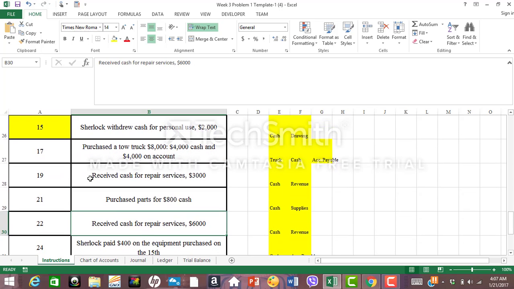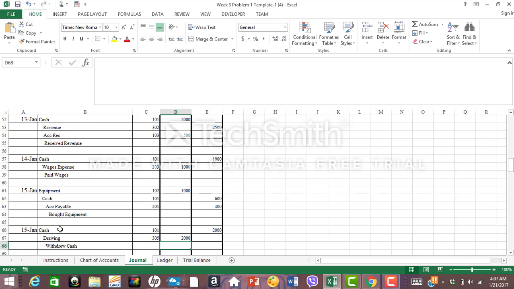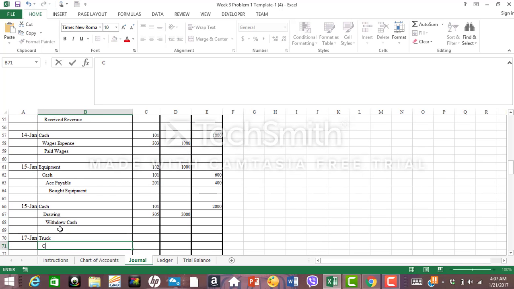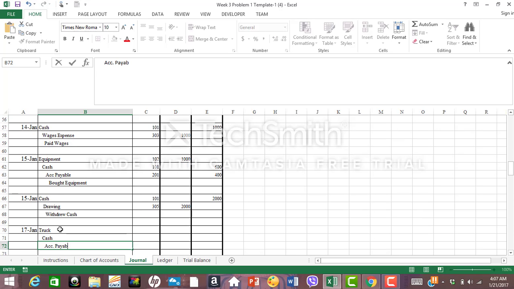All right, January 17th, purchased a tow truck for $8,000, 4,000 cash and 4,000 on account. So truck is getting affected, cash is getting affected, accounts payable is getting affected.